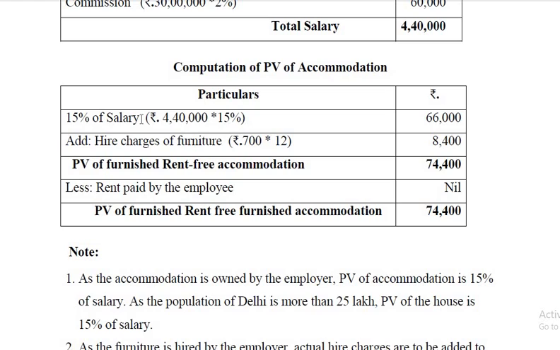Then furniture is hired one. Actual hire charges are 700 per month into 12, so 8,400. So perquisite value of rent-free accommodation is 74,400, and nothing has been recovered from the employee towards the accommodation. So the furnished value of rent-free accommodation remains the same, 74,400.